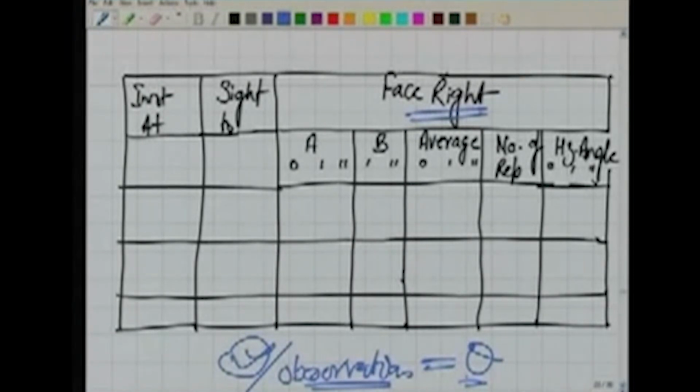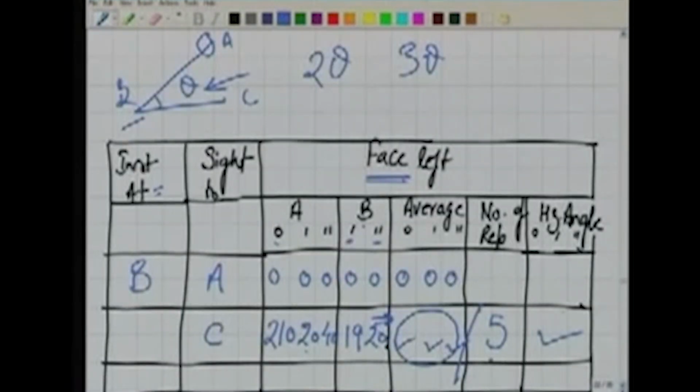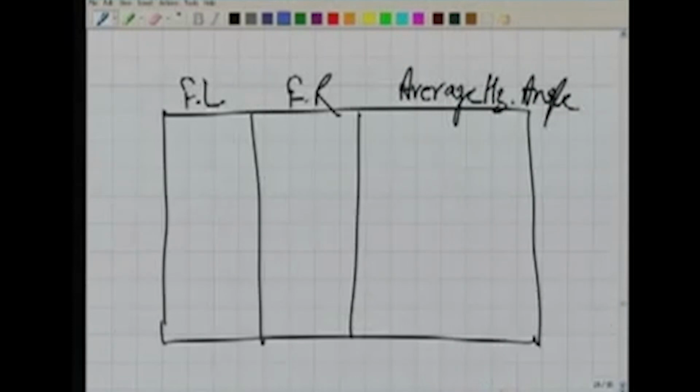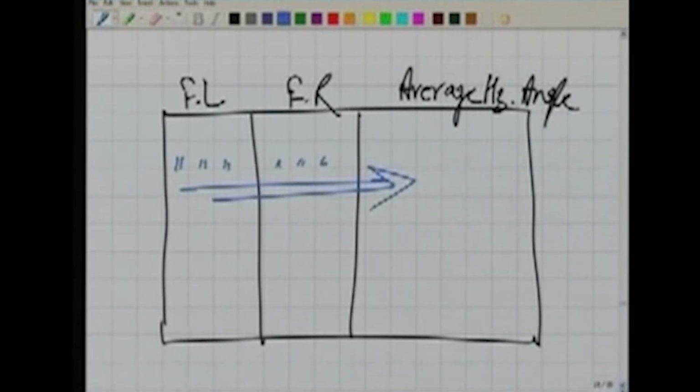So we have now from our previous table the angle for face left, and as well as from this table the angle value for face right. So finally what we do, we have the angle for face left, face right, and we take the average of these two. We'll talk about this later on, why we need to take the average of face left and face right.